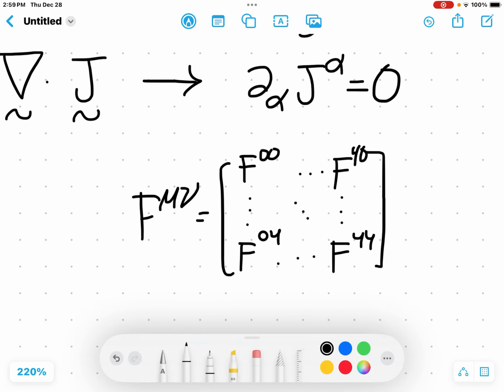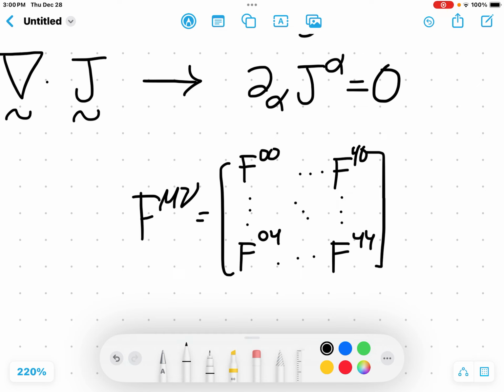So these have 16 components, but we really only need 6 functions to describe the fields of my electric current. 16 components is too much to describe 6 components for my electric field.